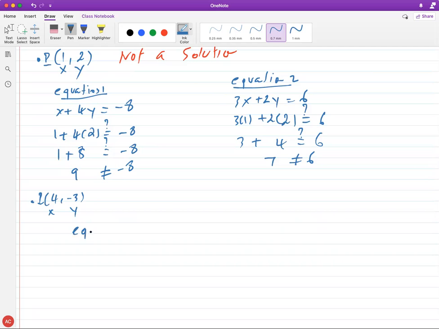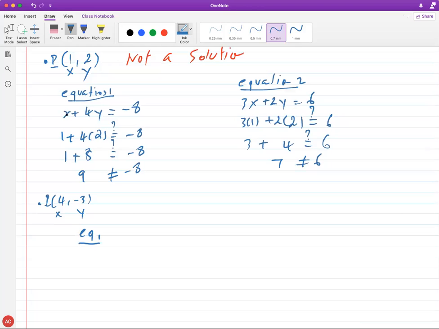So equation 1. We're going to plug the point into the equation. So x is 4 minus 4 times y. Here's y, negative 3. And we're going to say, is it equal to negative 8?